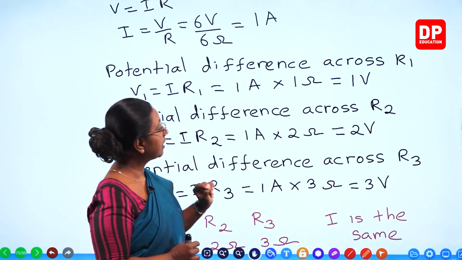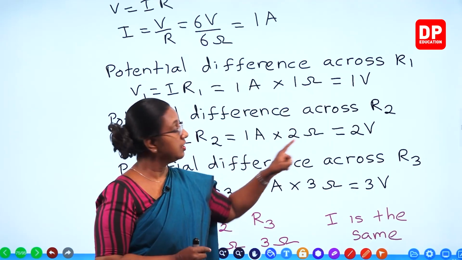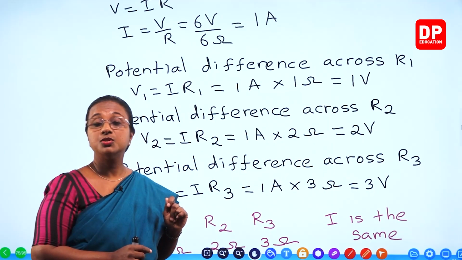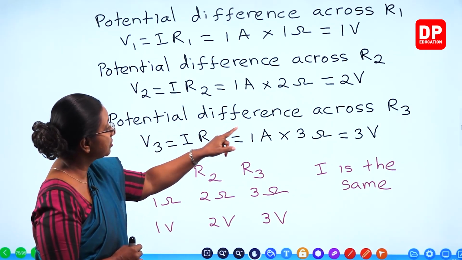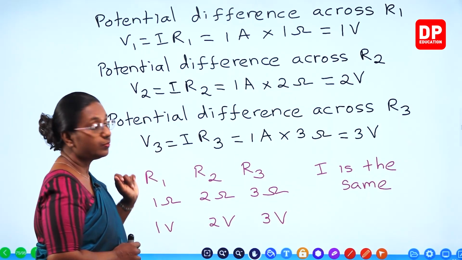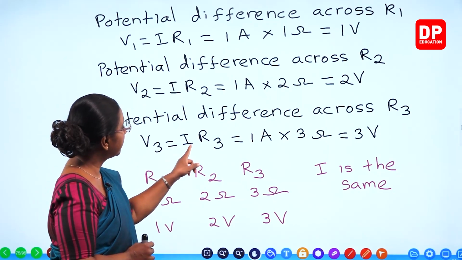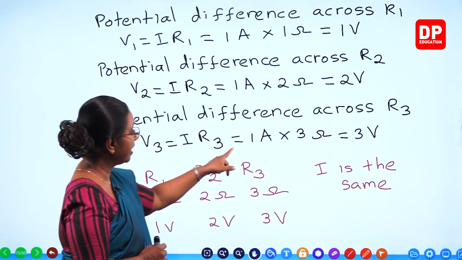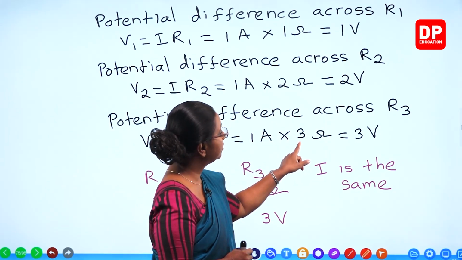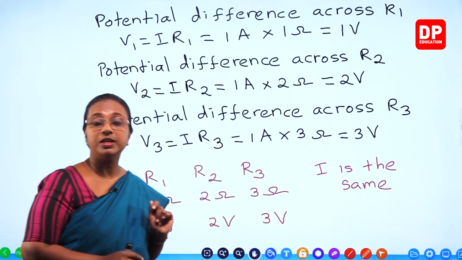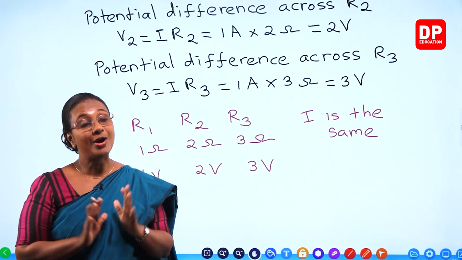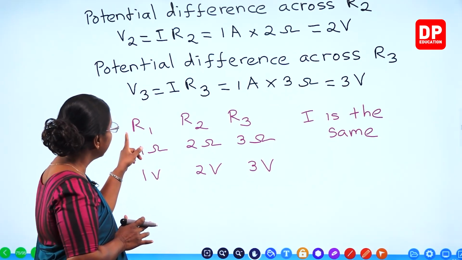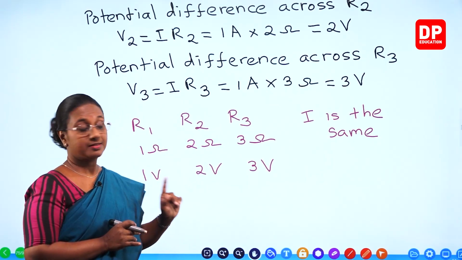So, 1 ampere current into 2 ohms, potential difference is 2 volts. Then, the potential difference across R3, that is V3 equals I into R3, 1 ampere into 3 ohms is equal to 3 volts.